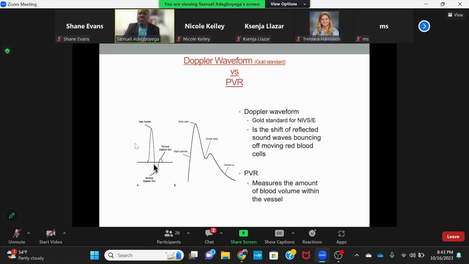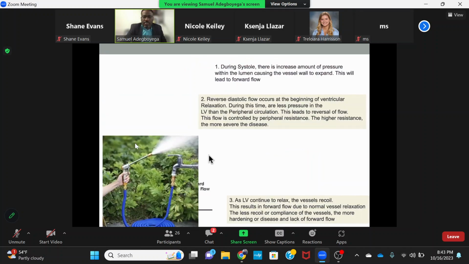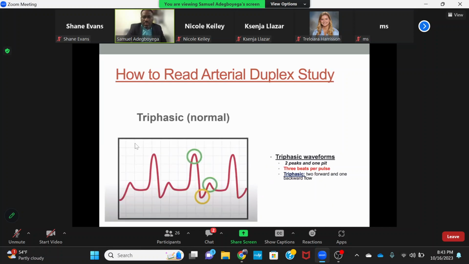The main thing you're looking for with your Doppler study is something called the baseline. If you have a waveform that's going below the baseline and forming a bump, that is your arterial duplex study. With your PVR, you're going to see that dicrotic notch.